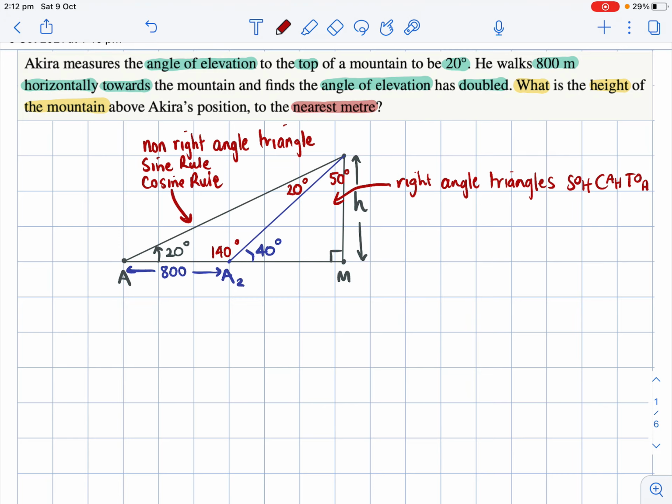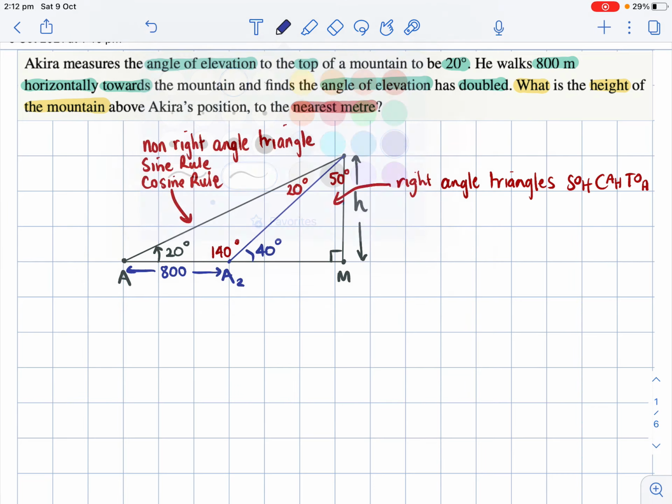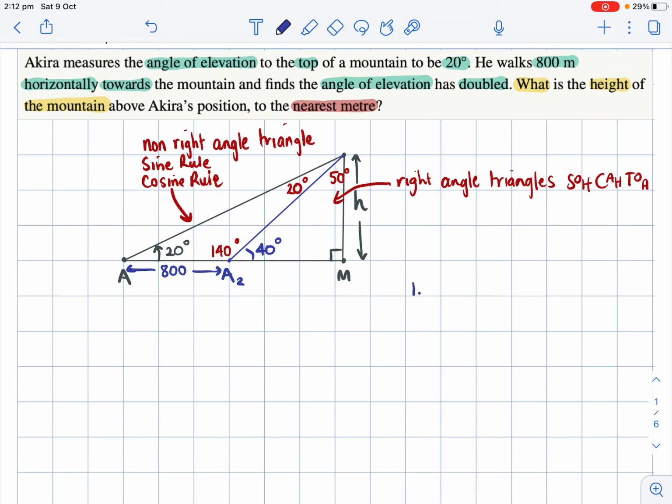So let's start writing down for our notes and annotations some of the key things that we've noticed. So, key thing I noticed, 1. Angles in a triangle add to 180 degrees. Does this help?